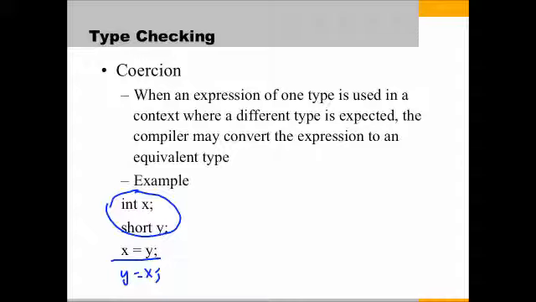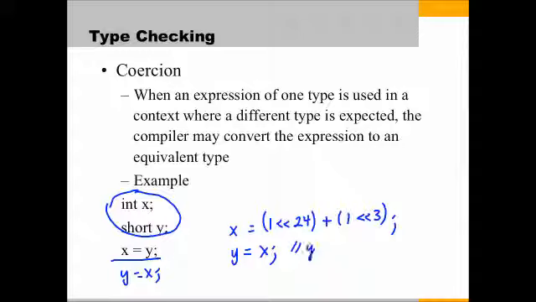So for example, if I had written x equals 2 to the 24th, which is a left shift, plus 2 to the third, and then I assigned this value to y and printed out y, y is equal to 8 because the top 16 bits are thrown out and all we're left with is the low order 16 bits.